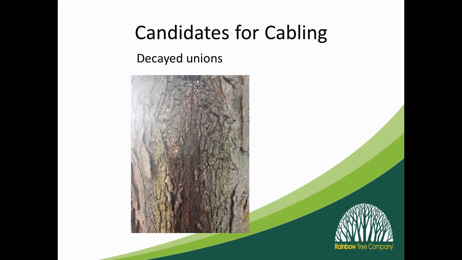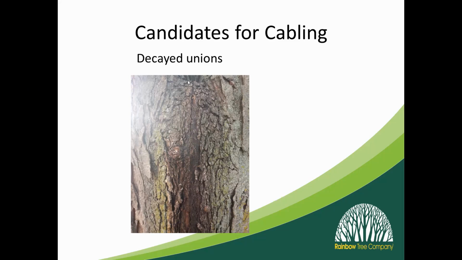Big inclusion right here. You can start seeing that this is wet here. This is a very dry day. Now, obviously it's not from today, but it's been drought. This always has moisture in here. So it's not decayed to the point of falling apart, but there is decay active in that inclusion there.